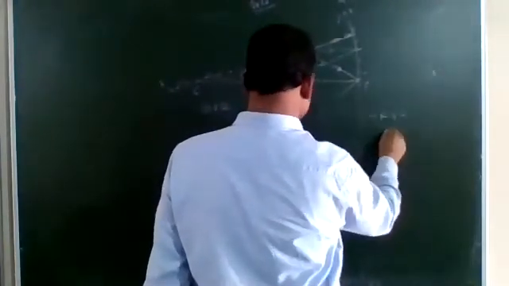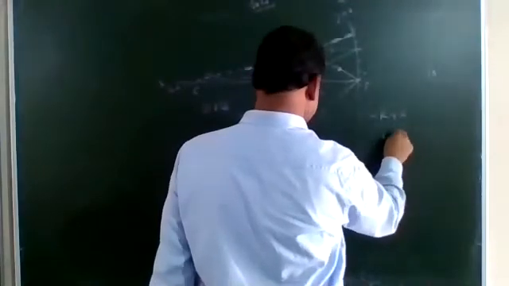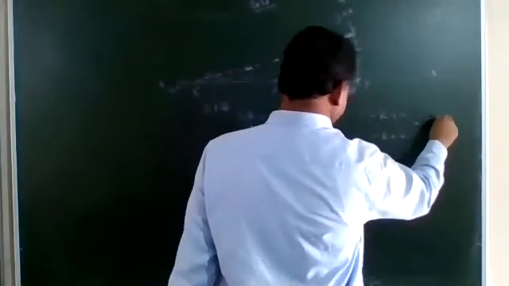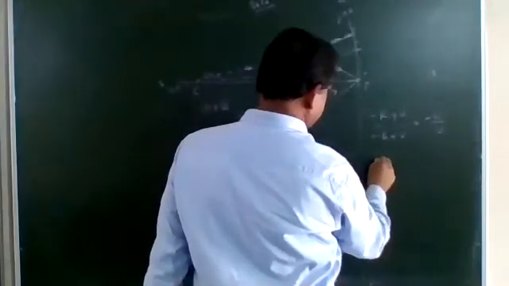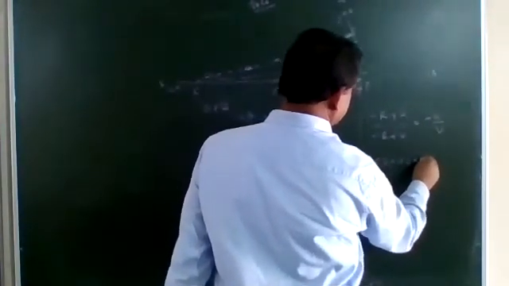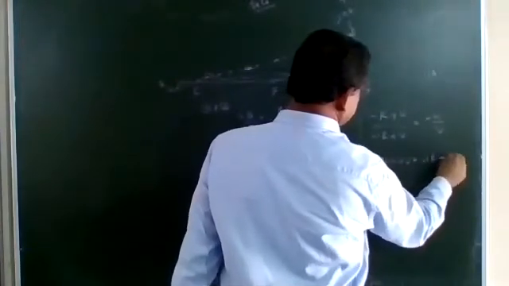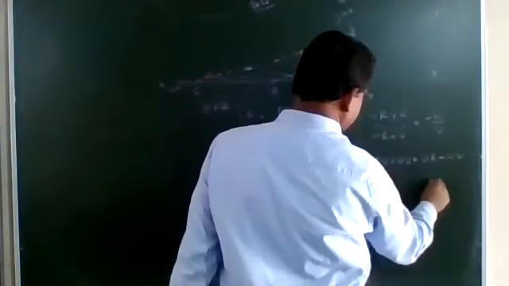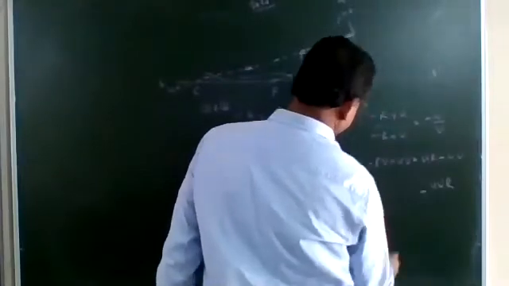Minus R plus C divided by minus R plus B equal to minus U by D. Minus RD plus UB equal to UR minus UB divided by UBR.